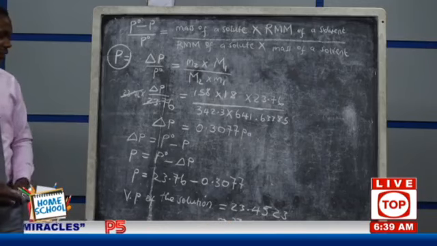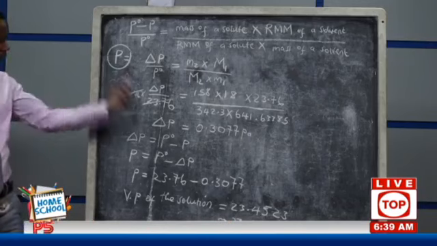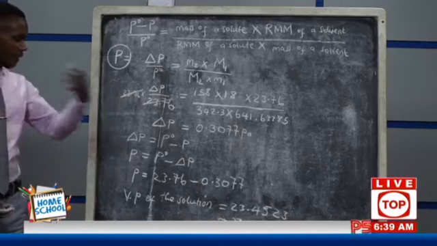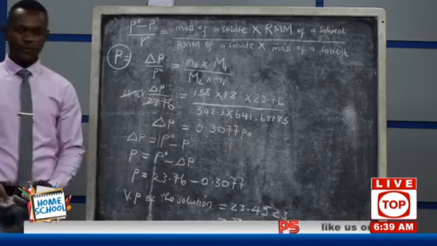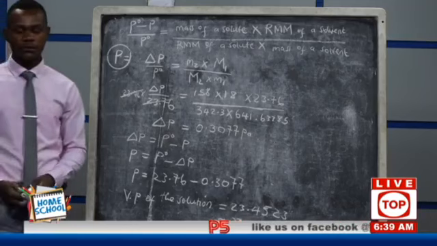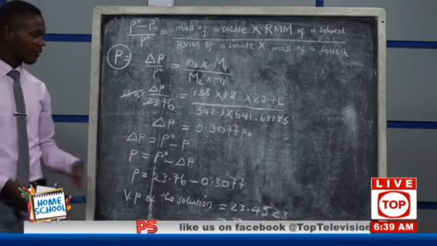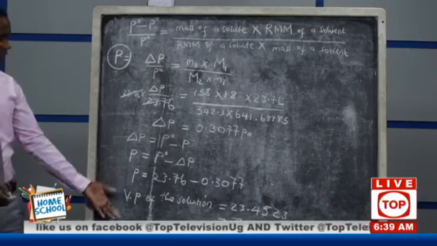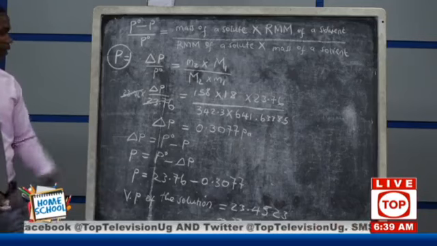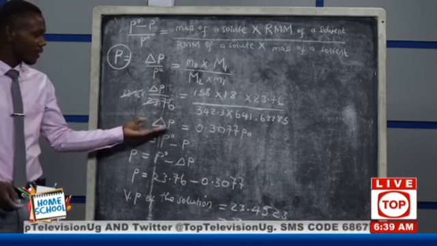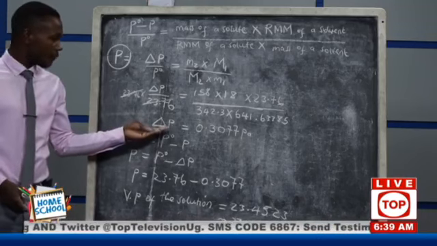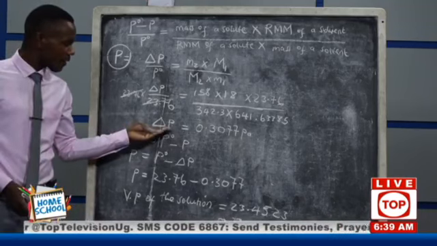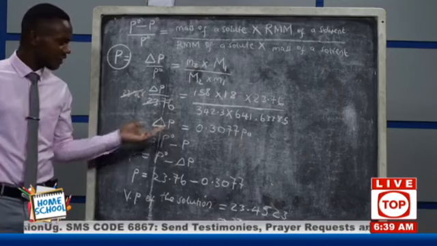Remember we said that we can use the colligative property in one way or the other in calculating one thing or the other. So here we have been able to calculate the vapor pressure, but we have also been able to calculate the change in vapor pressure. This is the decrease in vapor pressure.